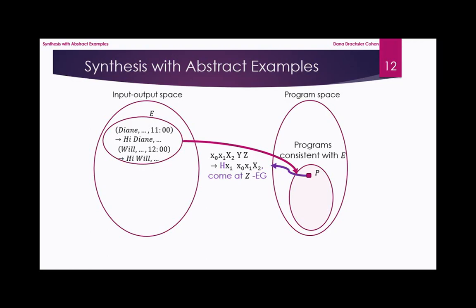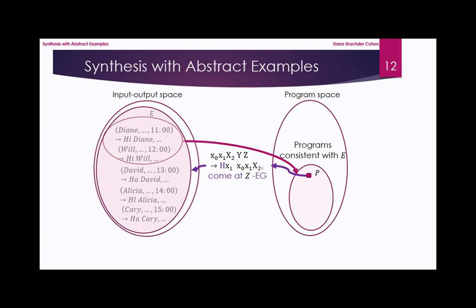This abstract example says that for any strings, such that the first one has at least two characters, the output looks as follows: the H, followed by the second letter of the person's first name, a space, and then the entire first name, comma, and so on. The nice aspect of this abstract membership query is that it describes an infinite number of behaviors. But this is much simpler than actually looking at the low-level program. So it should be much easier for the teacher to say, no, this is the wrong behavior, I don't want this. At this point, she is likely to provide some counterexample.